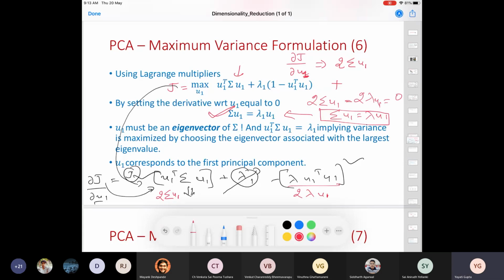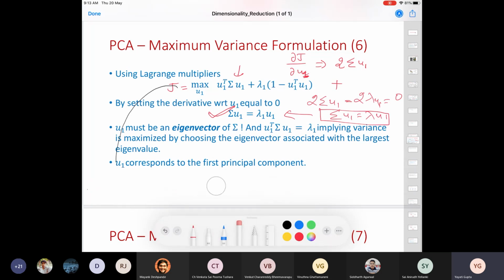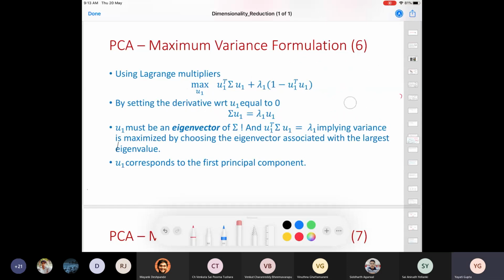I hope this is clear to you, how we got to this point. I'm going to erase everything again, to ensure that I can write some more on this slide. So differentiating and equating it to 0, we get to this point: sigma u1 equals lambda 1 u1. What is this? This is nothing but the equation of an eigenvector. In mathematical terms, the terminology is eigenequation.